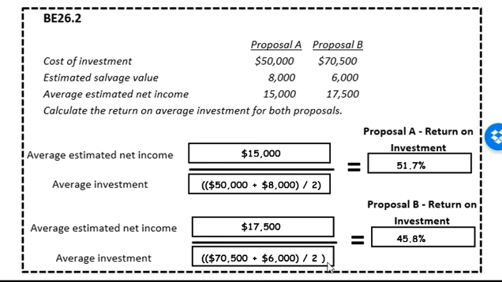So in that particular case, the return on investment is going to come out to 45.8%. Now, of the two investments, which is the one that you would pick? In this case, you would pick the one that gives you the highest return on investment, which would be proposal A, in the amount of 51.7% over the 45.8% for proposal B.